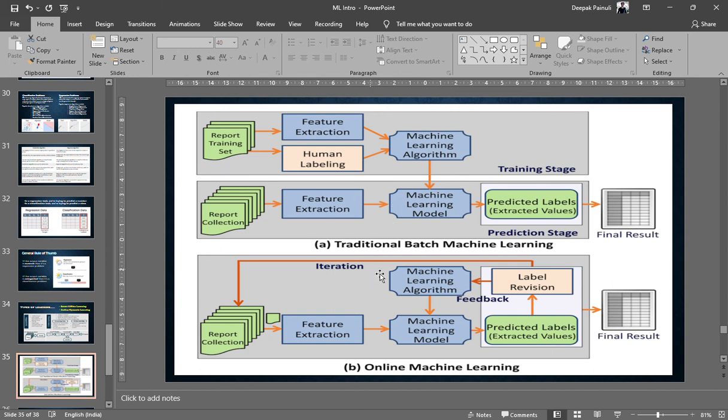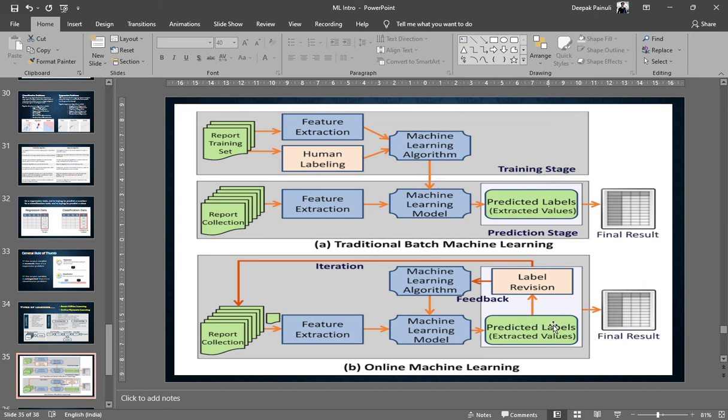But in the case of online machine learning, you can check that you are giving some data to the machine learning algorithm. It will extract some features, and on the basis of those features, it will predict some value.